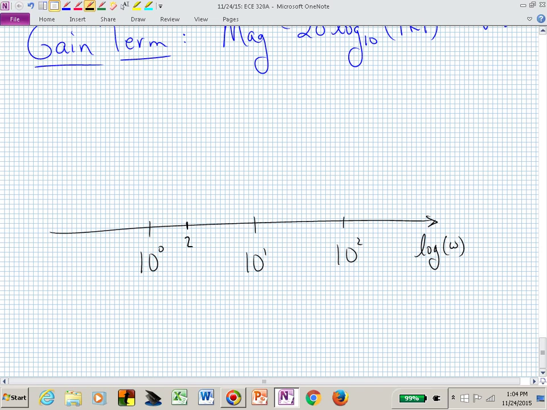What is the log of 5? 0.69, so it's 0.7. So now 5 is 70% of the distance, so this is now 5. Now you can see if you're stuck with engineering paper, you can actually make that logarithmic by just calculating what's the log of 2, what's the log of 3, what's the log of 5, and once you have 2, 5, and maybe 8, you have pretty good range on those spacings between 1 and 10.